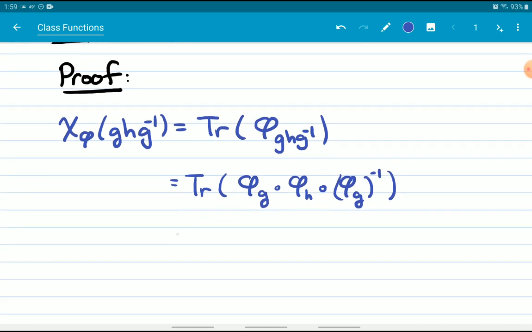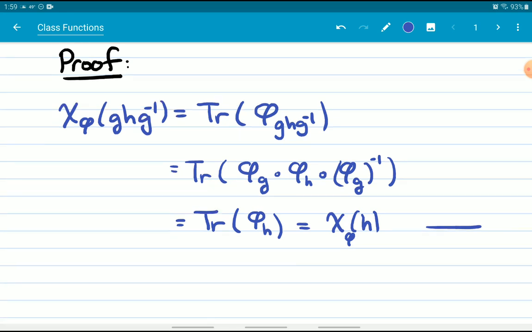But hey, that's the property of a trace. If you conjugate an operator by something, the trace doesn't change, so that's actually the trace of phi H. In other words, that's the character at H. That's the proof. It's just from the conjugation invariance of the trace. So characters are not just functions from the group to C, they're class functions.